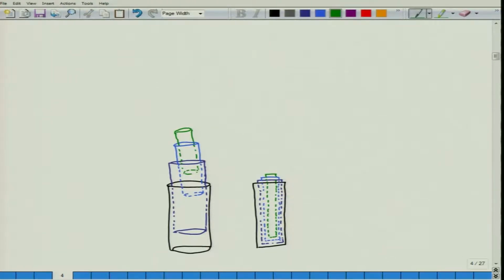When you keep all these 4 portions, say 1, 2, 3 and 4, together, they occupy a very small length, let us call it L1.